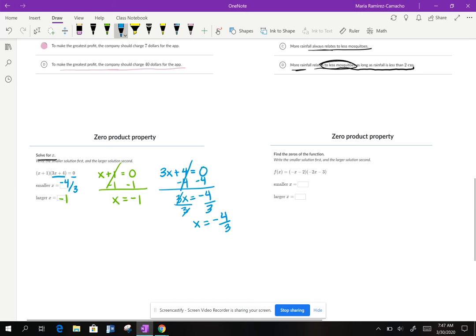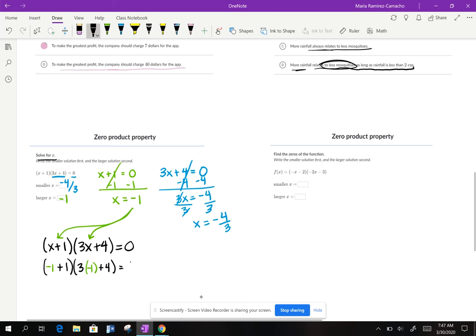Okay. So if I just want to check that my answer's correct, I can plug in. You don't have to do this, but I want to show you why this works. If you plug in -1 for x here, that's going to make this a -1 plus 1, and then you're going to plug in -1 here as well.